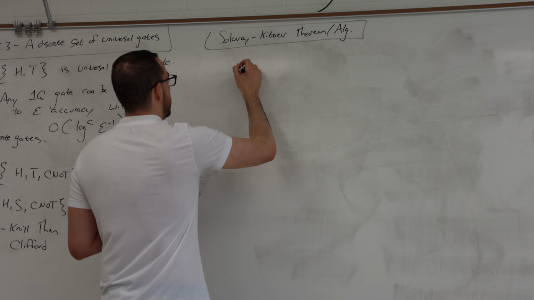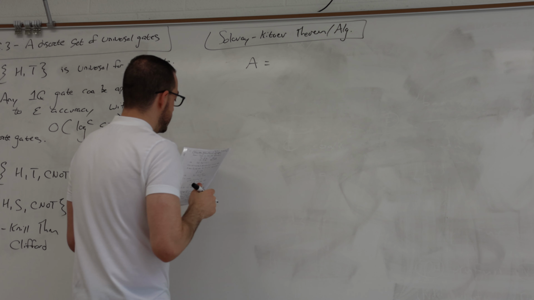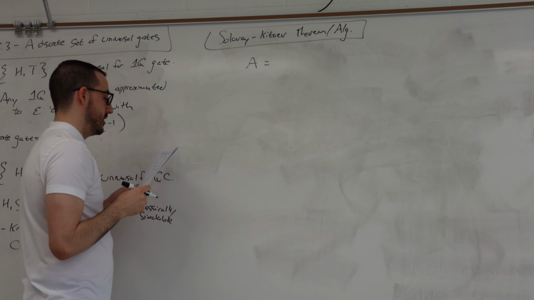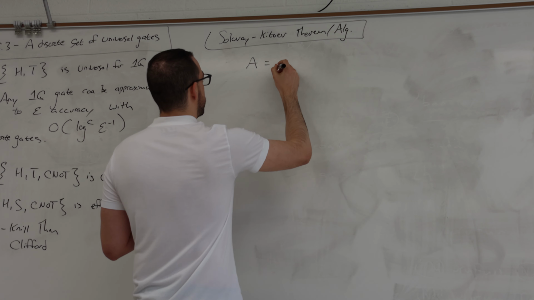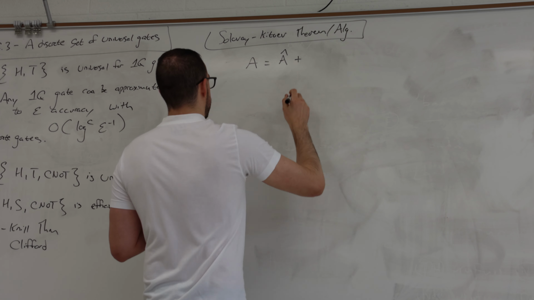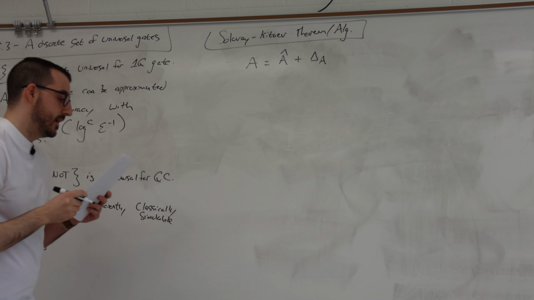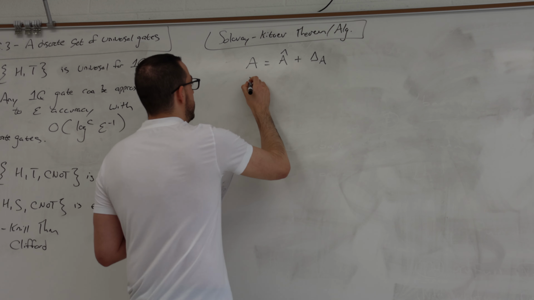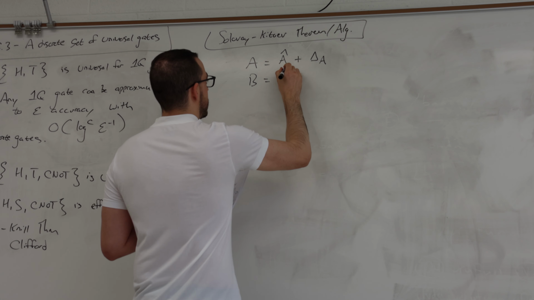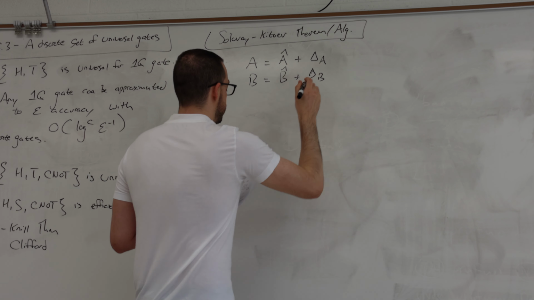Imagine we have approximations to two gates that we'll call A and B. A will be approximated by A hat to what we'll call delta A accuracy. And we'll have another operation B, which will be similarly approximated by B hat to delta B accuracy.